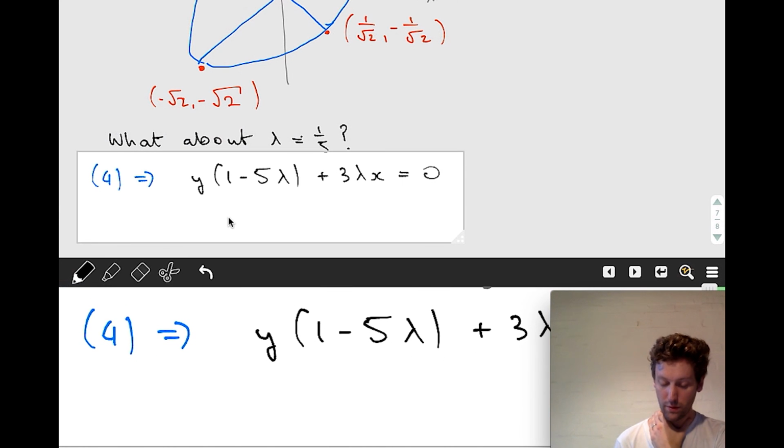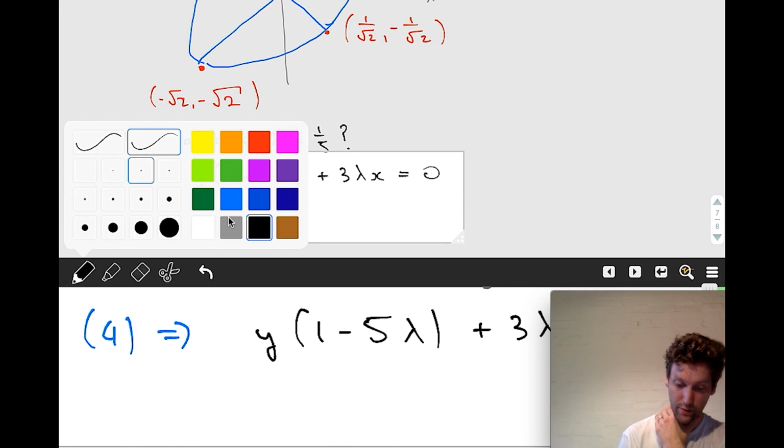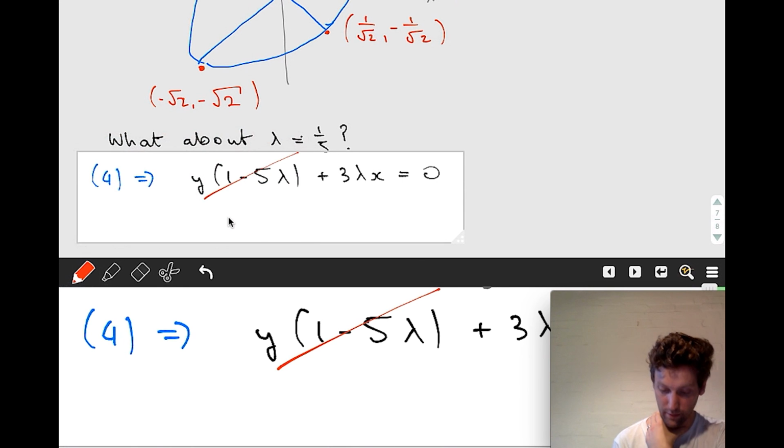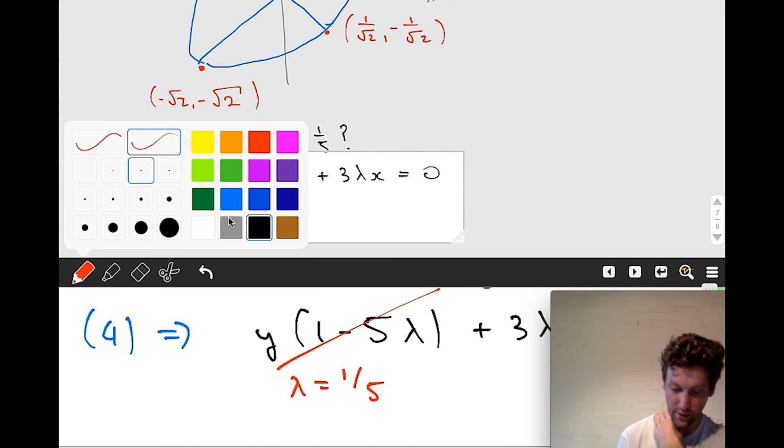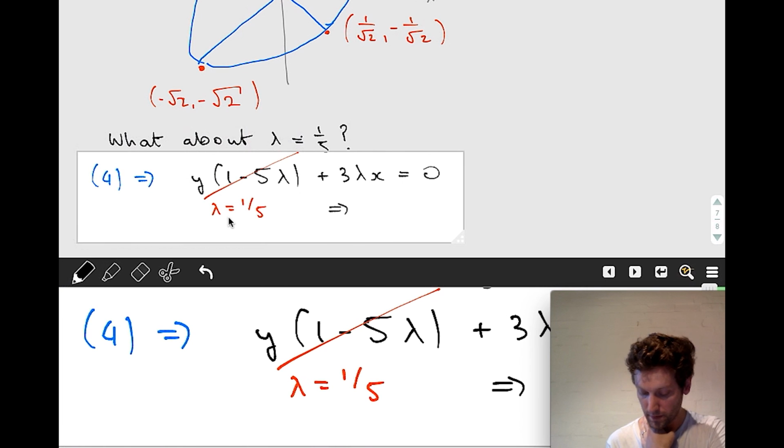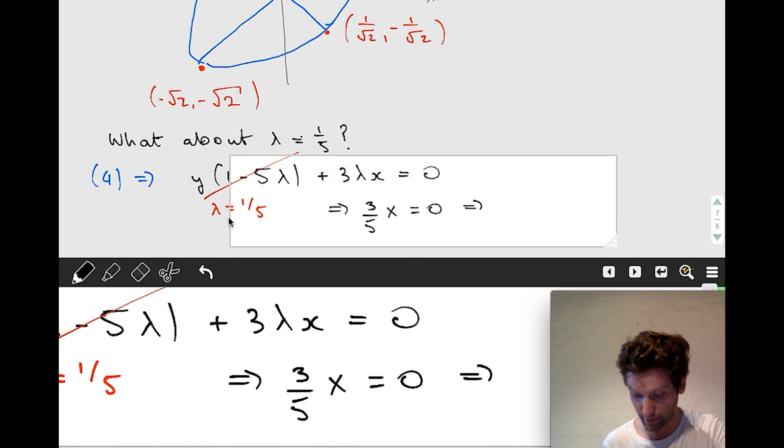But if I put lambda is equal to 1/5 in here, you can see that this expression will be 0 if lambda is equal to 1/5, which leaves us with 3 times lambda, which is 3/5 x, is equal to 0, which implies that x is equal to 0.